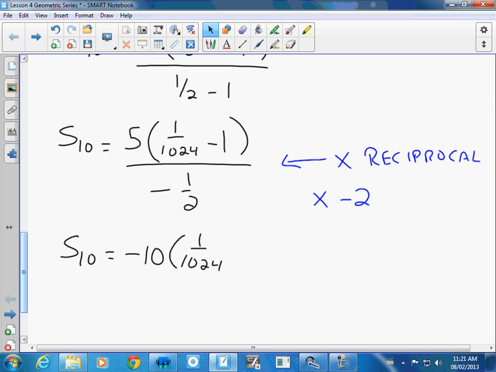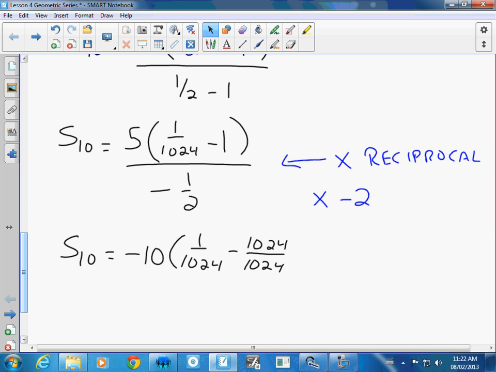So what do we change that 1 to? 1024 over 1024. Isn't that right? Now look. Tell me if this is correct. 1024 over 1024, is that 1? So that's exactly the same as what's written right there, right?